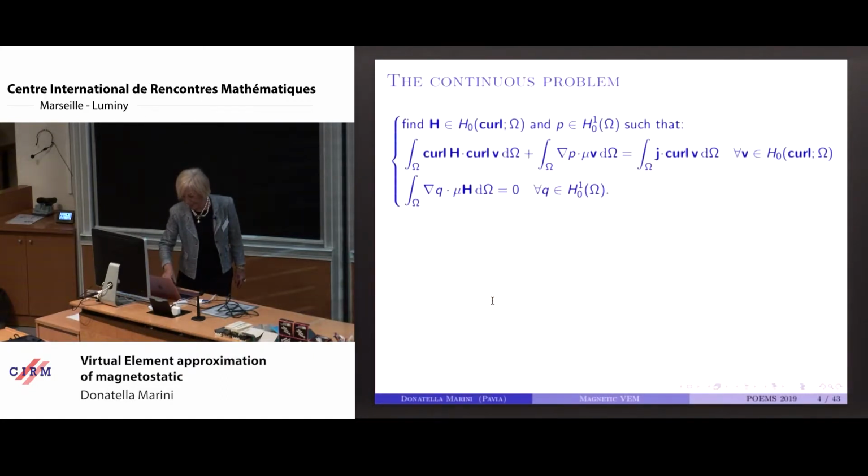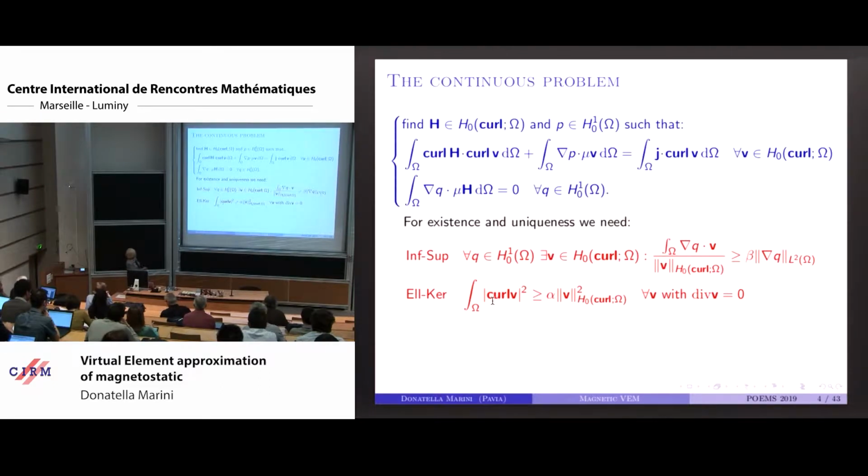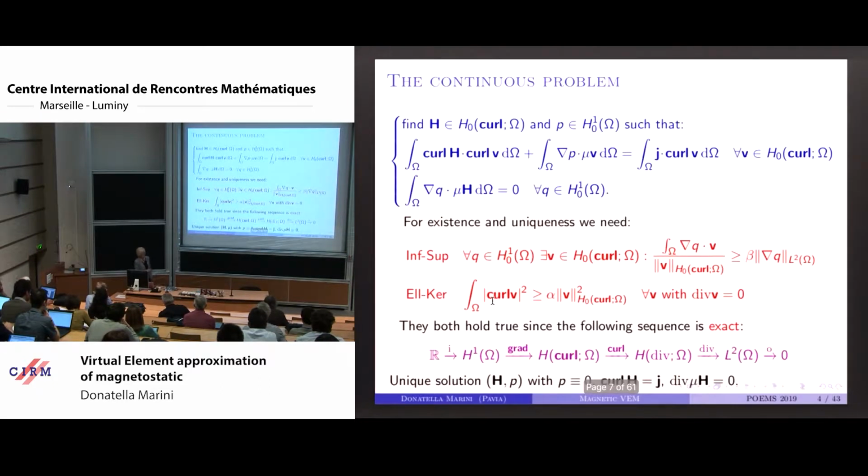For being a mixed formulation, we need these two conditions for having existence and uniqueness, ellipticity on the kernel, and inf-sup condition. And these two necessary and sufficient conditions are guaranteed to hold true because this sequence is known to be exact.